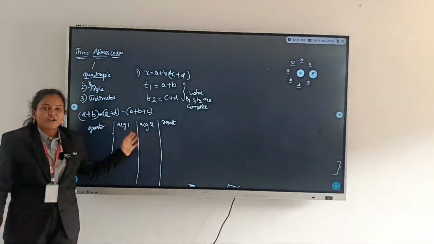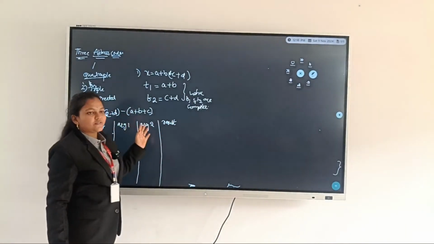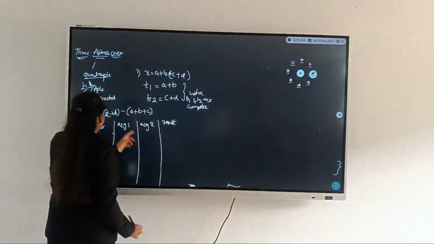The arguments are also the operands which we use in this equation.